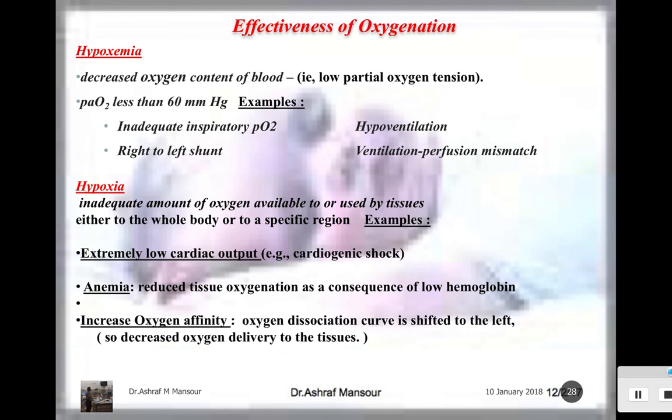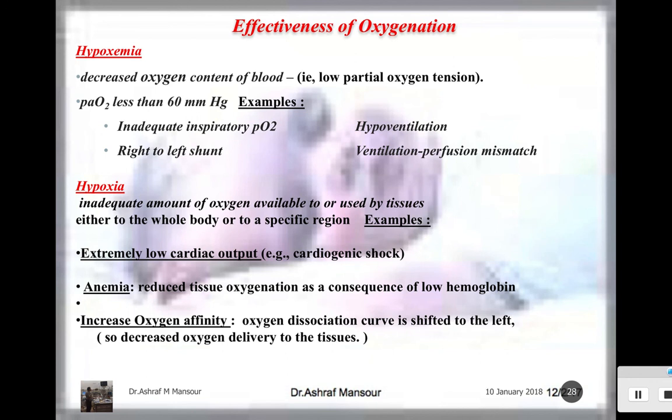The last point is about the effectiveness of oxygenation from the blood gas, and as I said, it is reflected by the PO2, which is not so accurate, and you have to have an arterial sample, not venous and not capillary. We use the terms hypoxemia and hypoxia as the same term, although they are different.